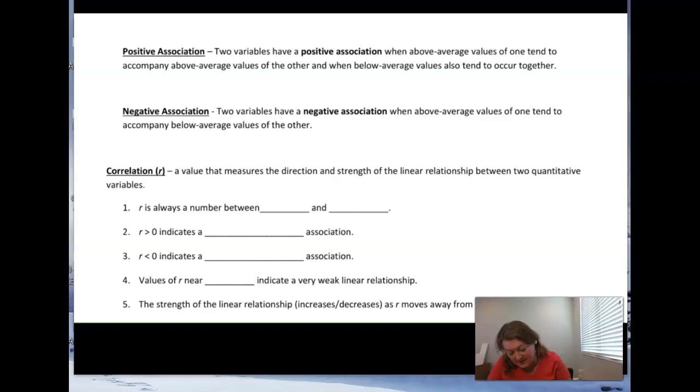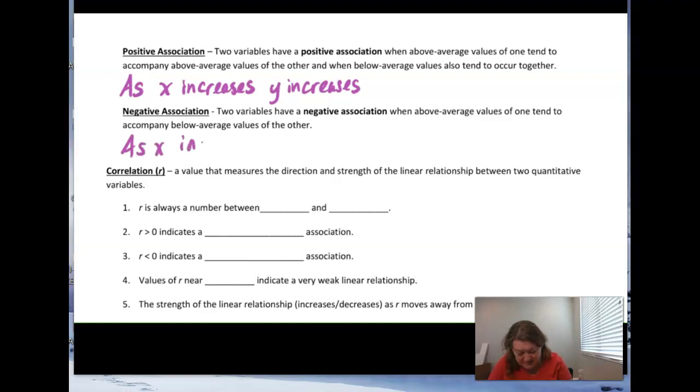So basically it's saying as x increases, y increases. A negative association would be as x increases, y decreases. Think about a line that goes downhill, right? As I move to the right, those y's come down some.